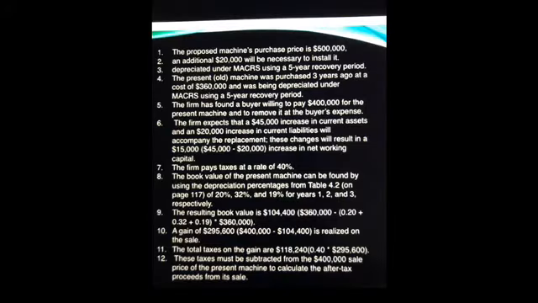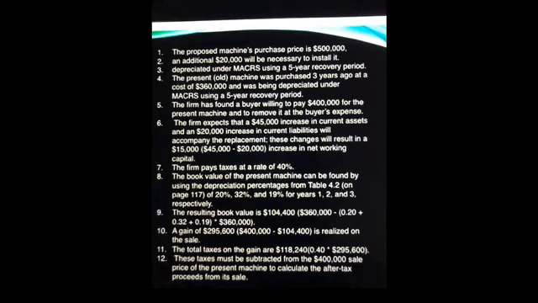Okay, here we have an example of calculating the initial investment. I'm going to read the problem. The proposed machinery price is $500,000. An additional 20,000 will be necessary to install it. Depreciation is under MACRS using a 5-year recovery period.